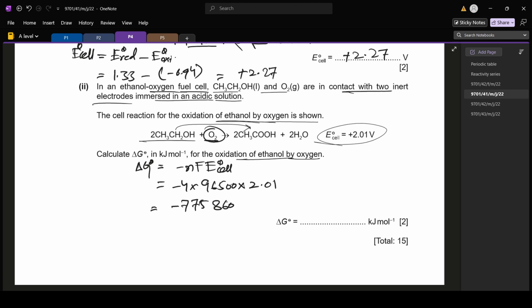And here you have to remember that the Gibbs free energy is in joules per mole, not kilojoules per mole. So you have to convert it into kilojoules per mole. Divided by 1000, you will get 776.